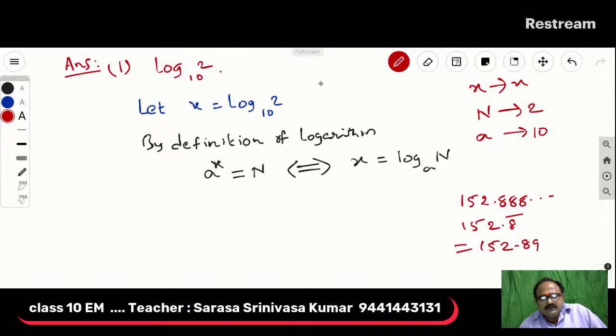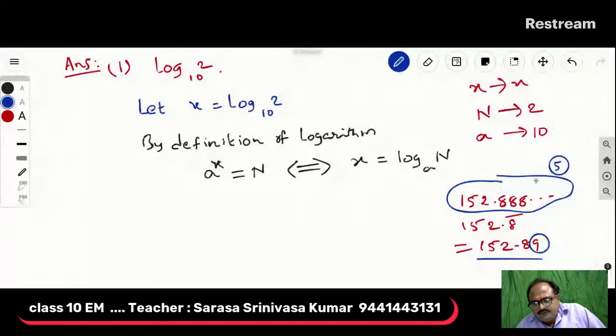Here 152.888 and so on, so we can write it as 152.89. So this is the correct answer. If the digit is more than 5, then we consider the next number. That is why here I have written 152.89 in a statistics class. It is the right answer.